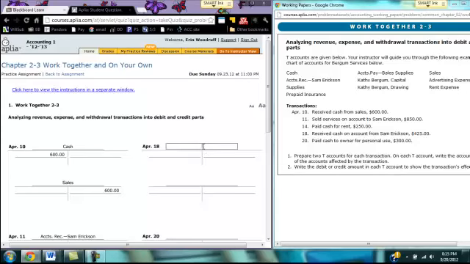April 18th, received cash on account from Sam Erickson. So this time we have cash and accounts receivable Sam Erickson, so he's paying on that bill that he owes us. Receiving cash means an increase in cash, so we know that cash is the debit because an increase in assets occurs on the debit side.